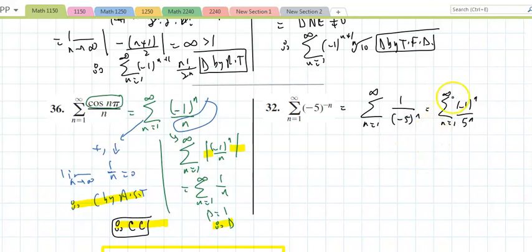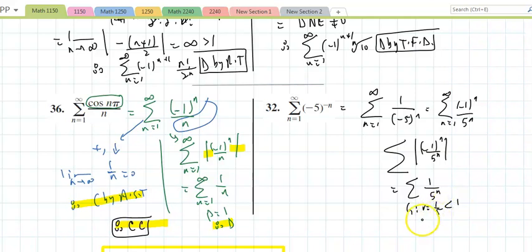Well, if I put an absolute value on it, if I look at the series of the absolute value of negative 1 to the n over 5 to the n, isn't that the series of 1 over 5 to the n? And wouldn't you say this is geometric? R equal 1 over 5, less than 1. Therefore, it converges.